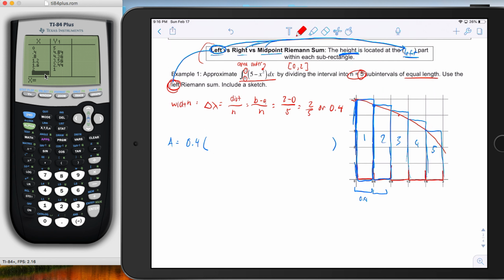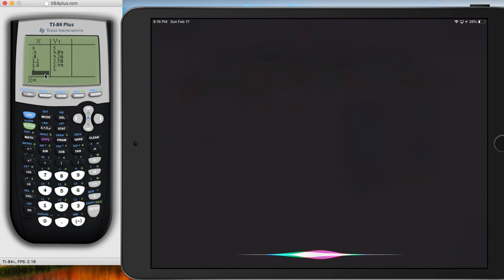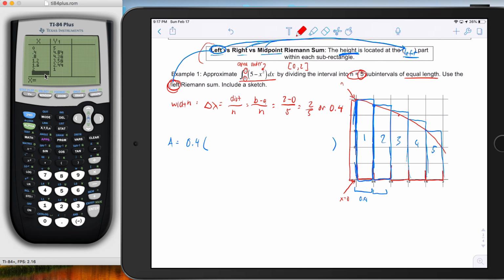For the first rectangle, this is the height. And what's the x value of that for this function? We know x equals 0 for that one right here. So this height is f of 0. So our first rectangle is f of 0 plus. Then what's the height right here?